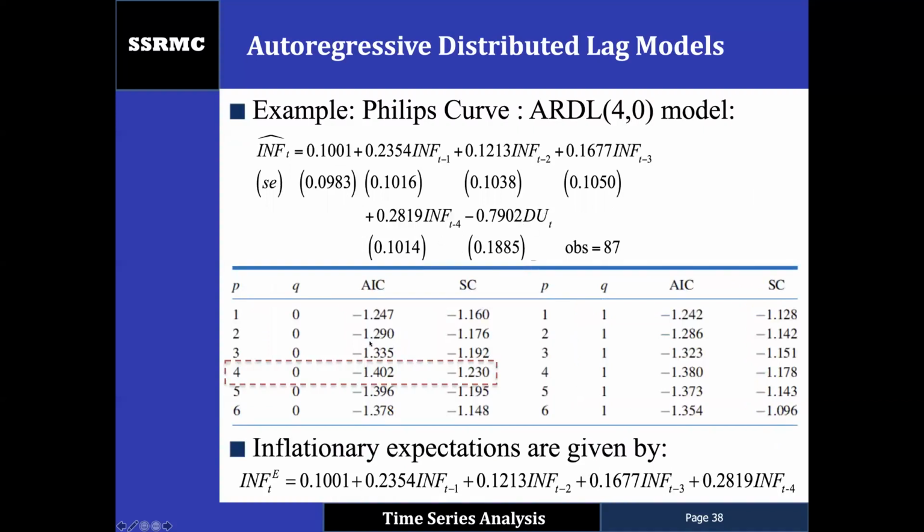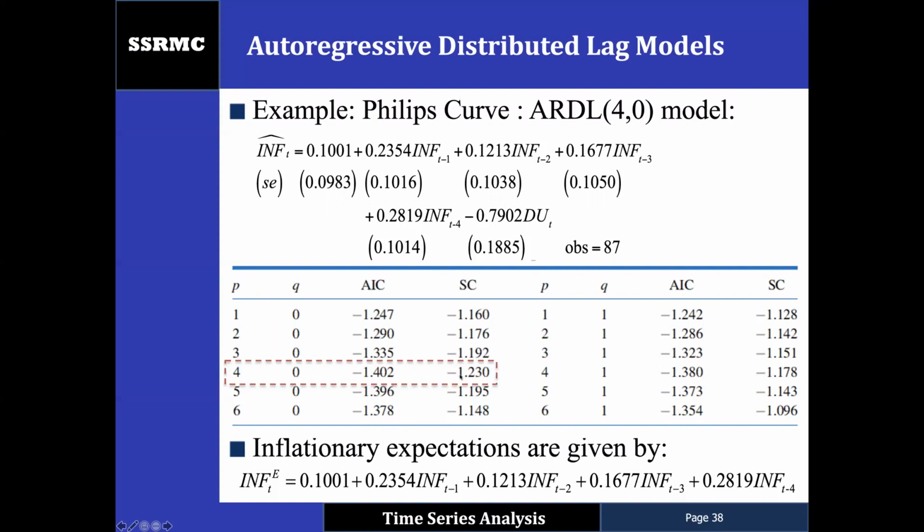So we further investigate this question by extending the lag terms up to 6 for P and up to 1 for Q. And the software can give us the AIC and SC statistics for us to make a decision.